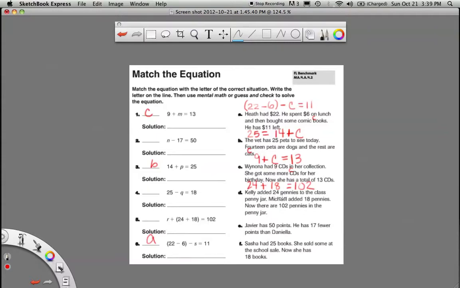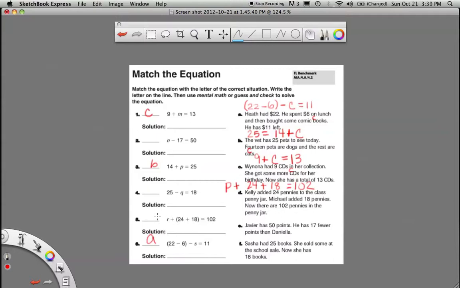She's adding that amount to the penny jar, so there had to be something else that they started with. Some amount of pennies that they started with. And then they're adding 24 and 18 to that amount to get a total of 102. So I got to look for a problem over here that matches P plus 24 plus 18 equals 102.